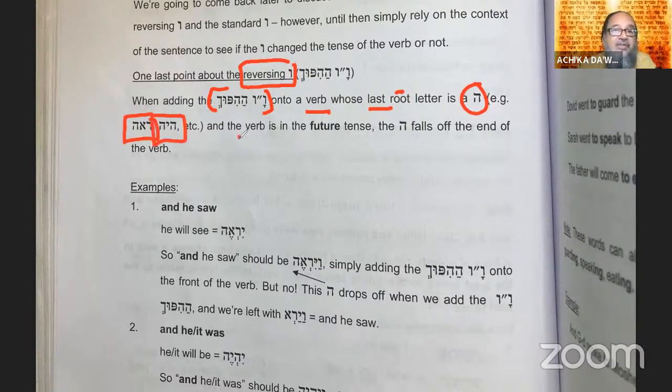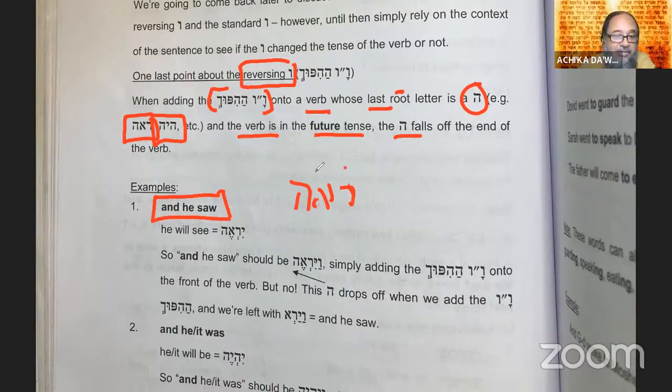It says that the verb is in its future tense, the hey will fall off of the end of the verb. And here's the example. And he saw, okay? That is the example. He saw, okay? And if it is he saw, then it would be simply by itself a resh, an aleph, and the hey, like that.